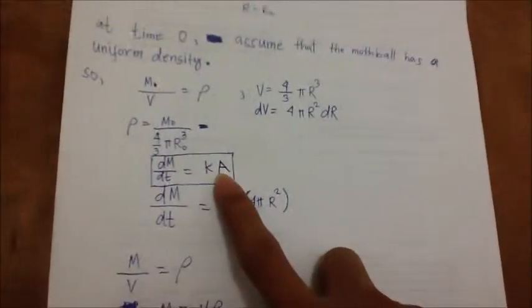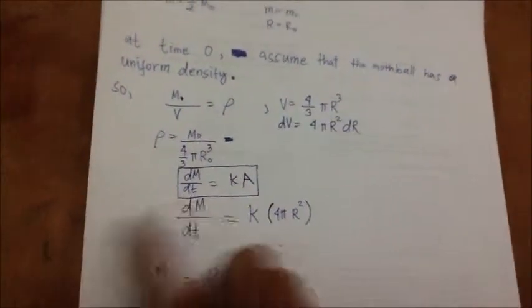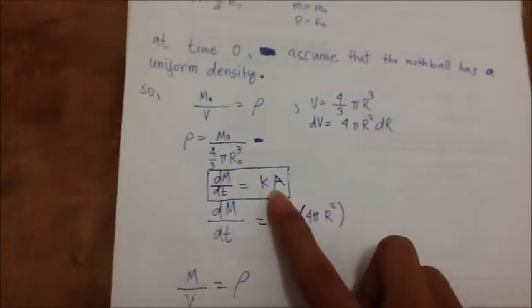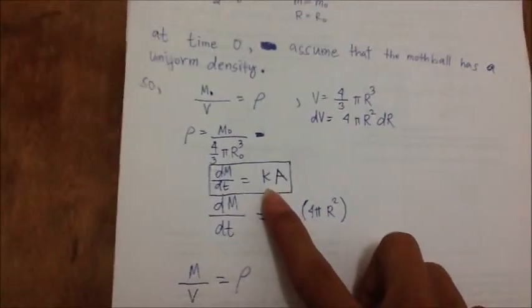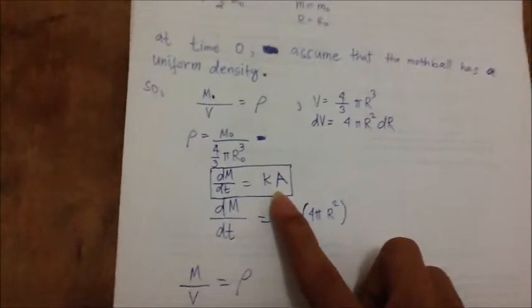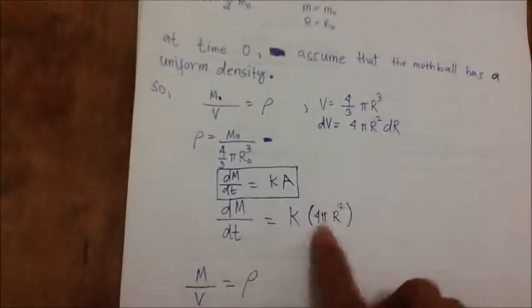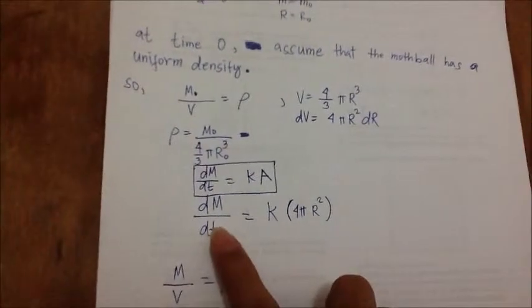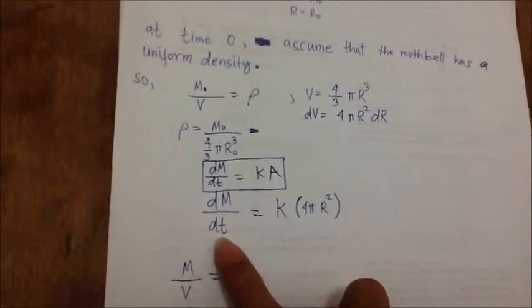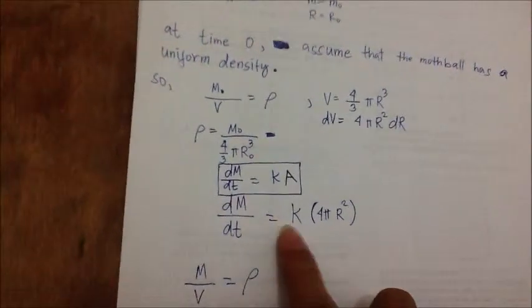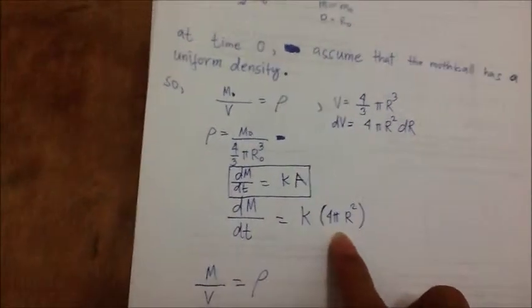In this equation, you can see that our change of mass over change in time is equal to a constant k times the sphere's area. So dm over dt is equal to k times 4 pi r squared.